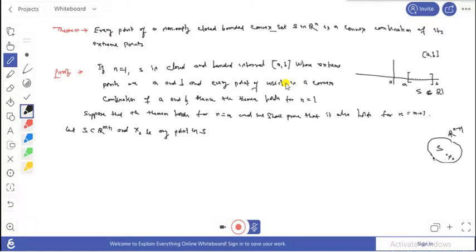And if it is a boundary point, you have to prove that it is a convex combination of extreme points, where x naught lies on the boundary.